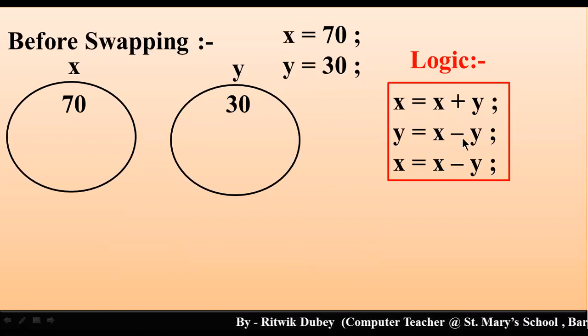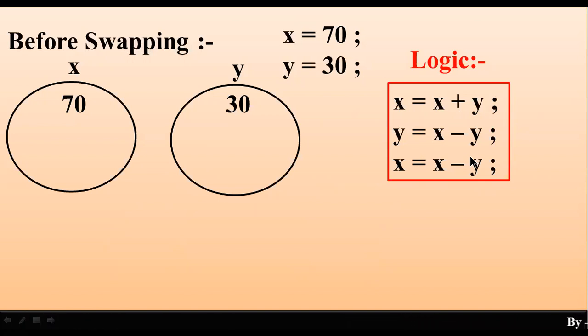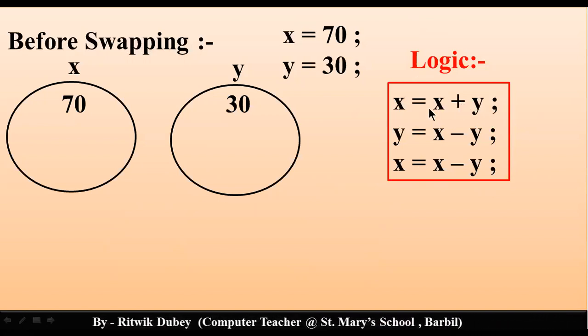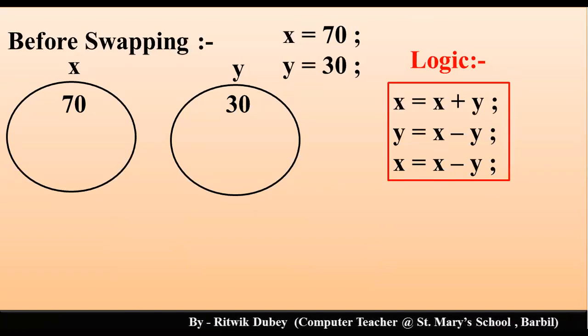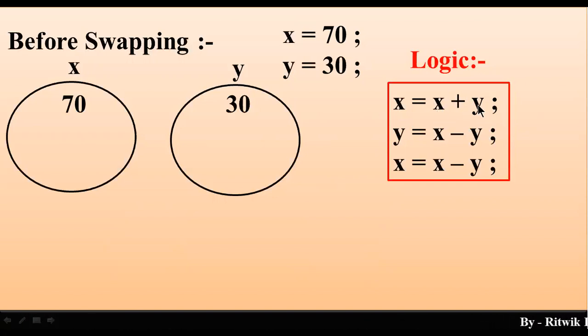Now this logic will work. Sir, how? Let us understand. Just focus on the very first line, and only on what is written on the right-hand side of the equals sign, that is x plus y. Forget everything else and just focus here: x plus y.